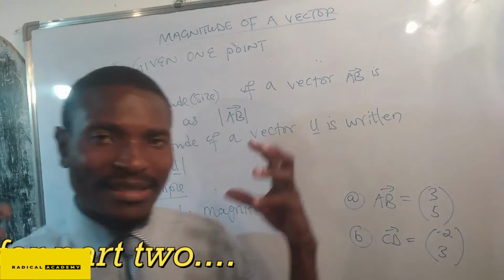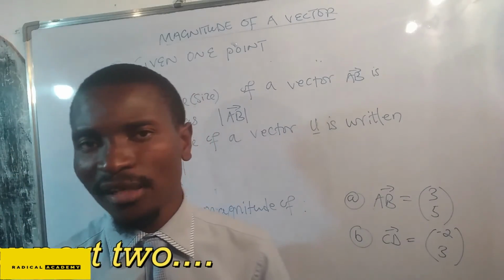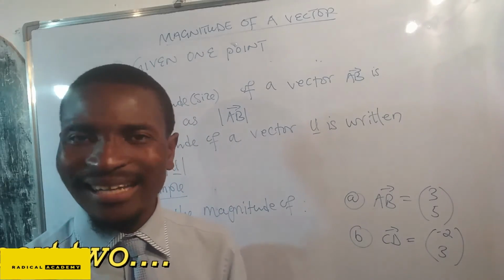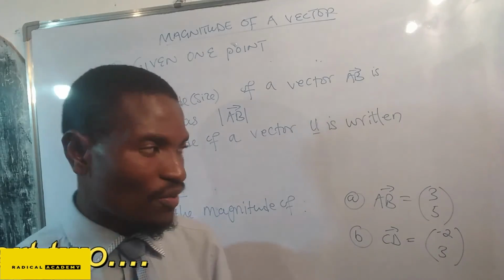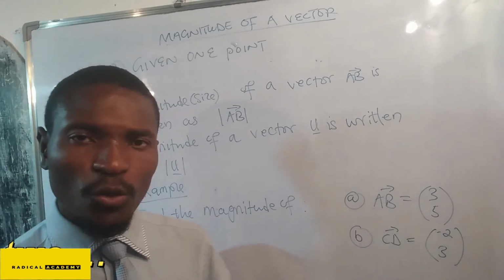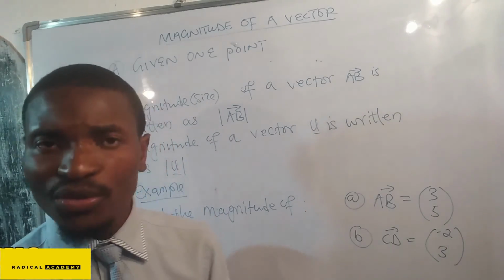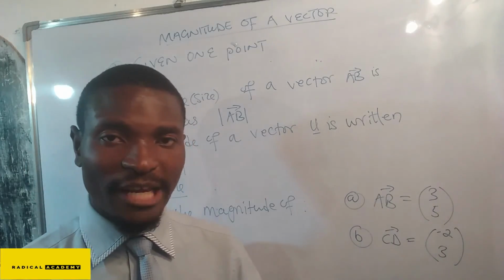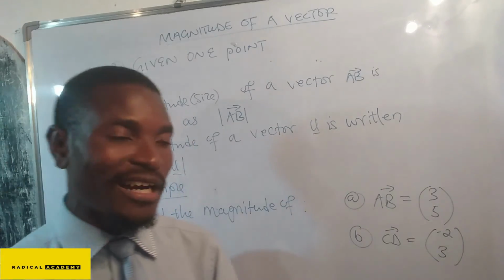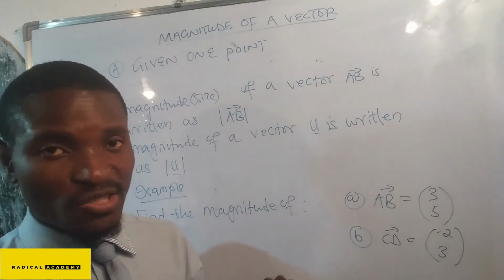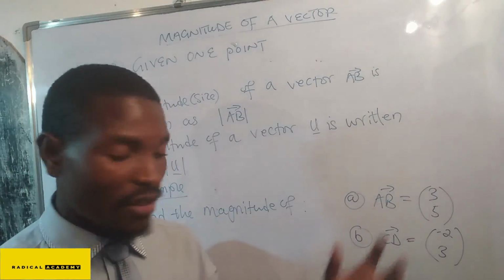Once we have that figured out in our minds, we can look at what kind of formula we are going to use to find the distance between A and B, which is just the magnitude, or the modulus, between A and B. Now let's see how we can solve the magnitude of the following vectors in our first example.